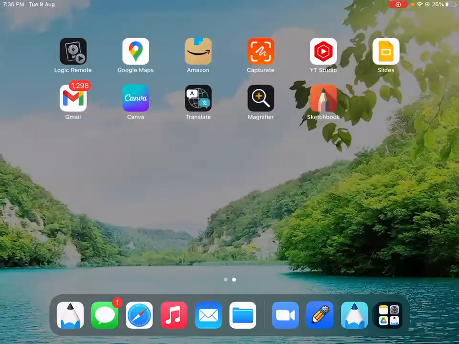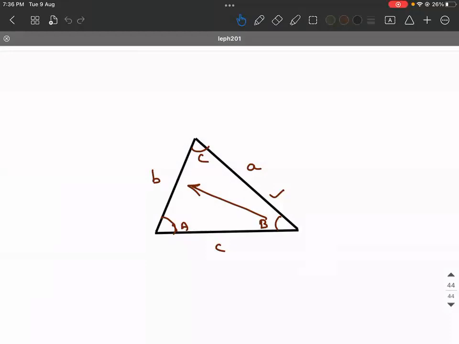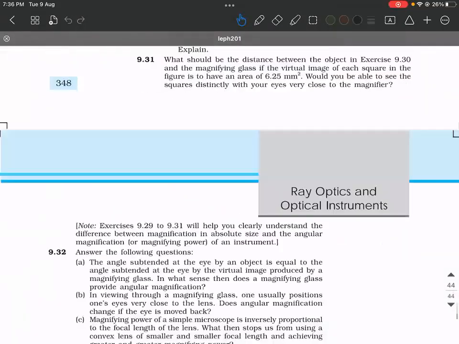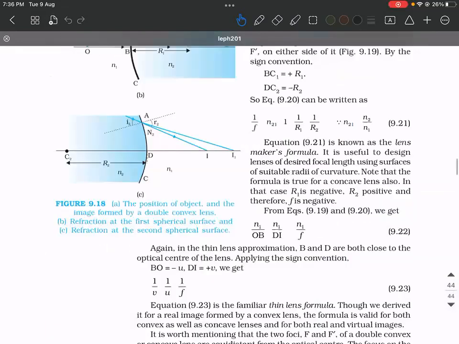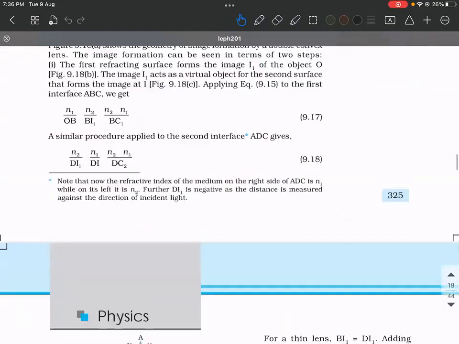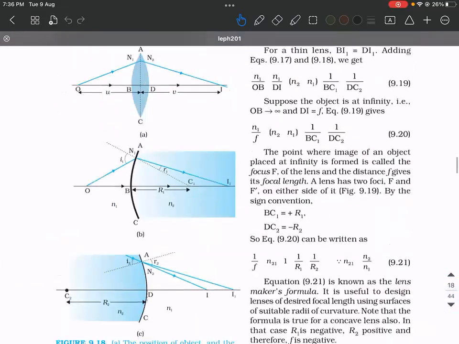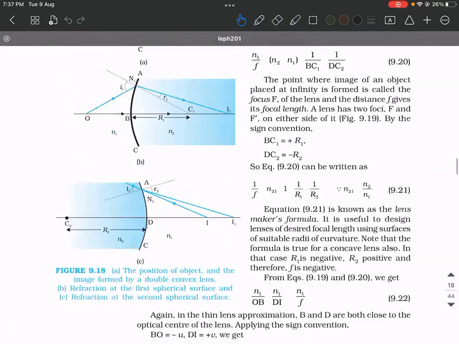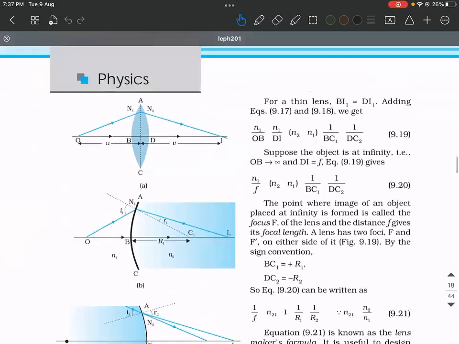So for this, observe. Let's say you have a lens. Okay. So here you have a convex lens.